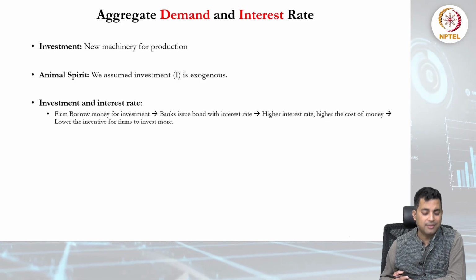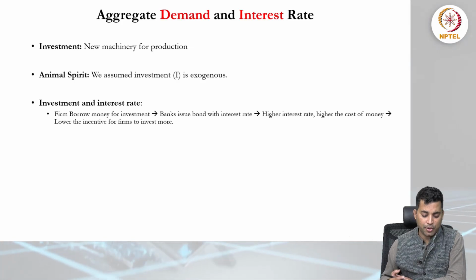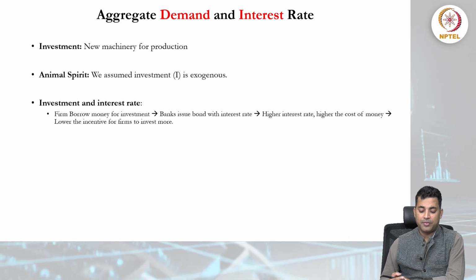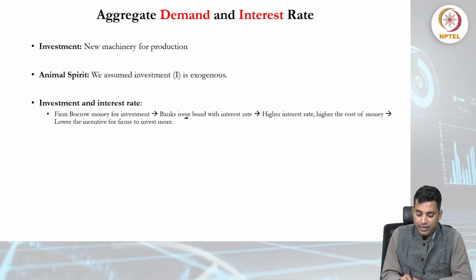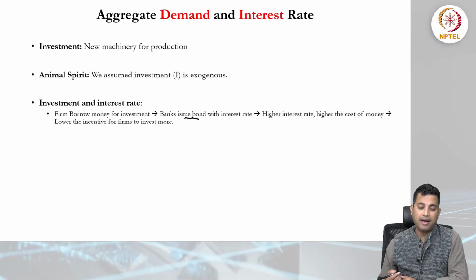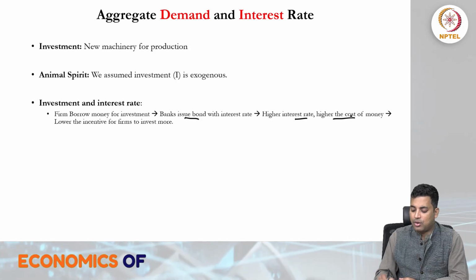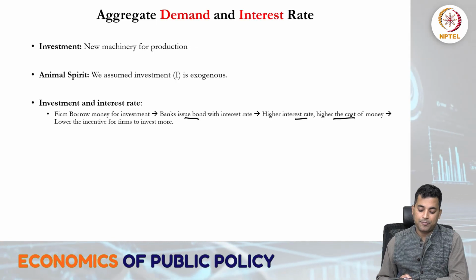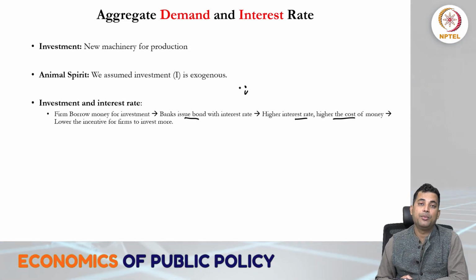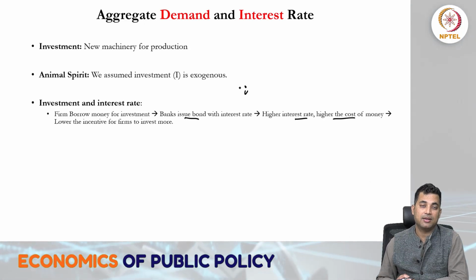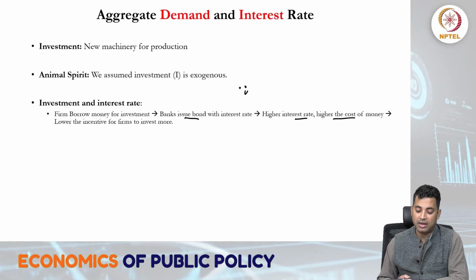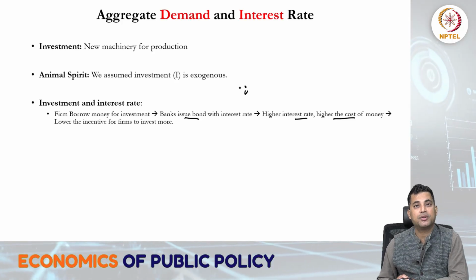In this case, when a firm borrows money for investment from financial institutions, the bank issues bonds with a rate of interest. A higher rate of interest means a higher cost of money. Here are two things we have to remember. When we as savers go to the bank to keep our money, we always look for a high return.